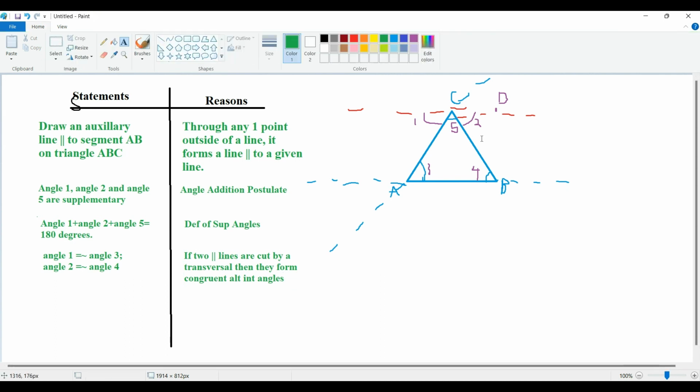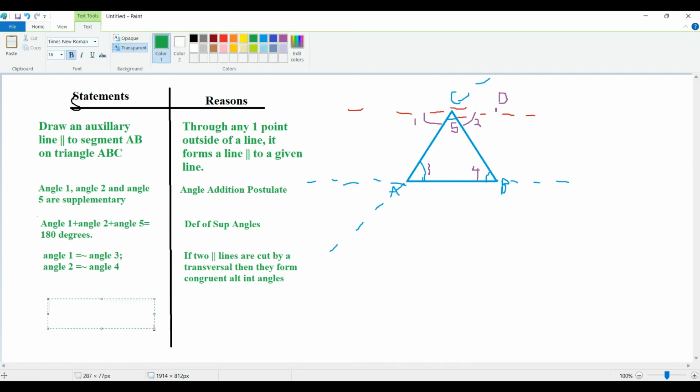So now you can put in the substitution property here. You can replace angle 1 with angle 3 and angle 4 with angle 2. So that way, your next thing would be, just type it out, angle 3 plus angle 4 plus angle 5 equals 180 degrees.